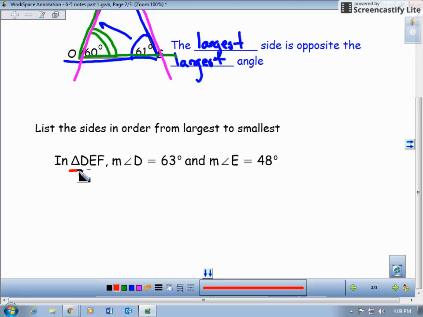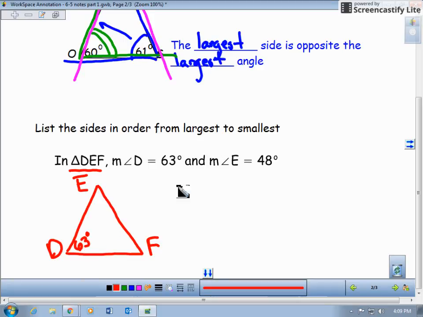So I'm going to go ahead and draw this picture. Just a generic triangle is fine. I'm going to label it DEF. It wouldn't matter how you draw it or which side you label which. Everything's going to work out the same. But we're going to put D as 63, and we'll put angle E as 48.